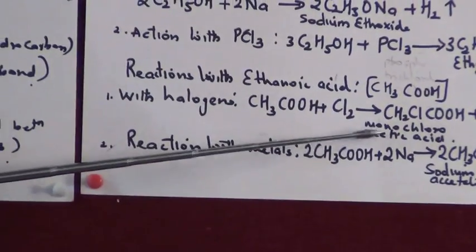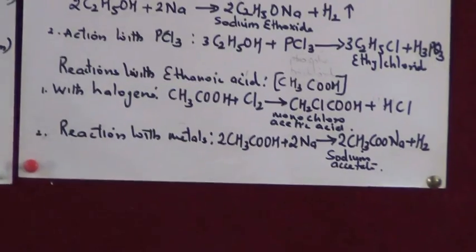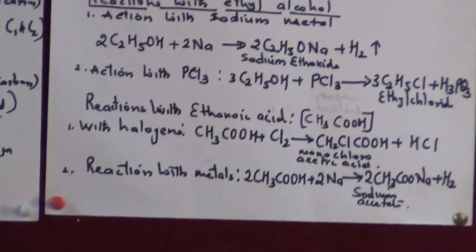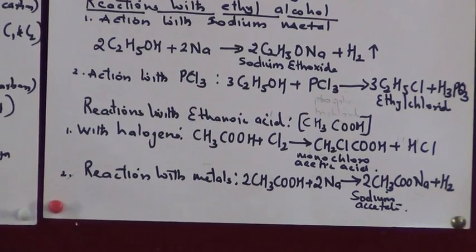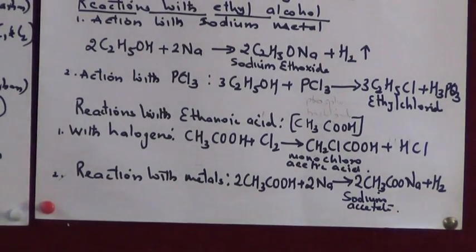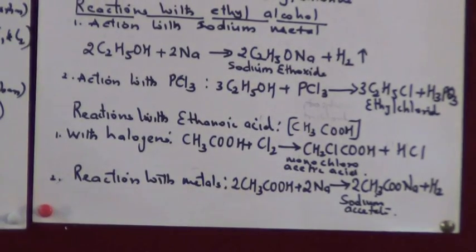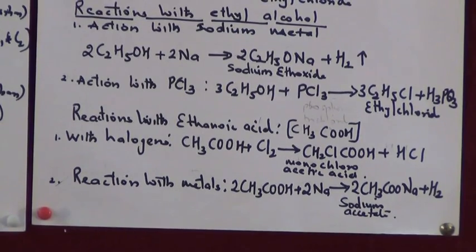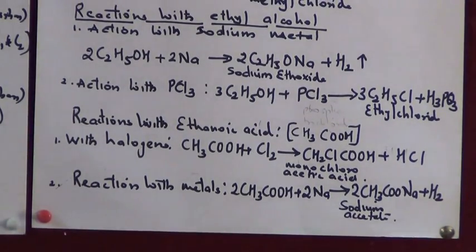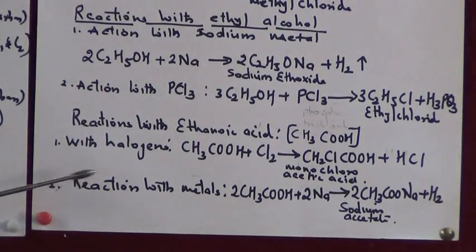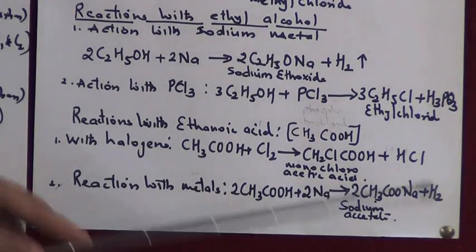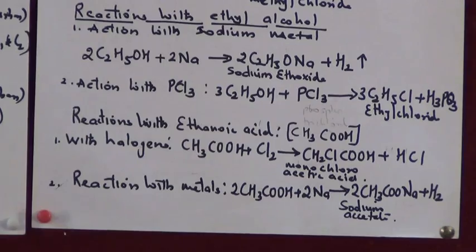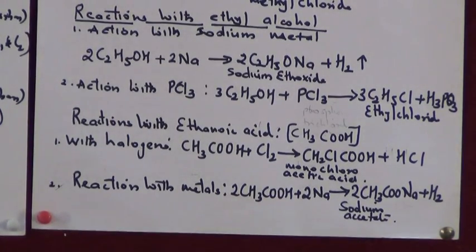Again, this monochloroacetic acid will react with chlorine to form dichloroacetic acid and HCl. Again, dichloroacetic acid will react with chlorine to form trichloroacetic acid along with HCl. Acetic acid also reacts with metals like sodium to form sodium acetate, and hydrogen gas is liberated in the process.